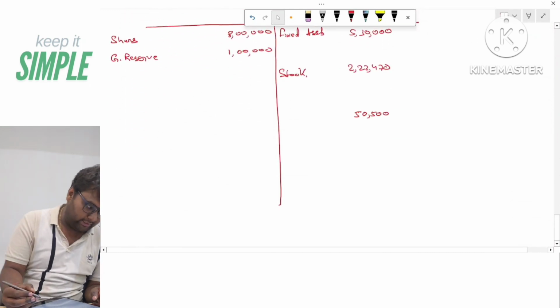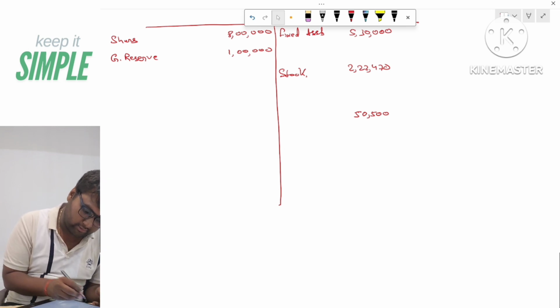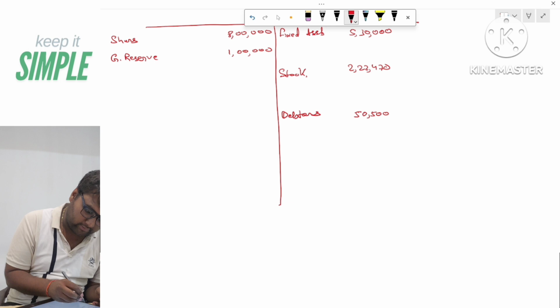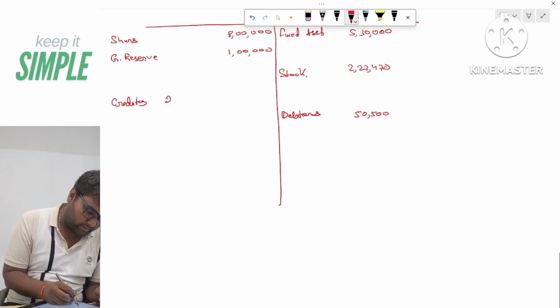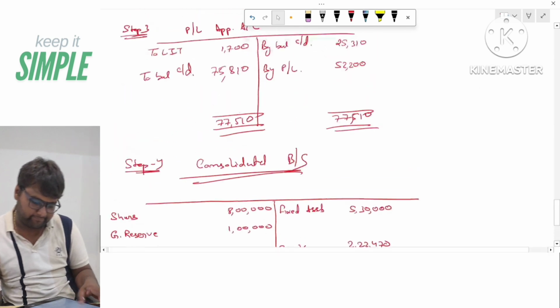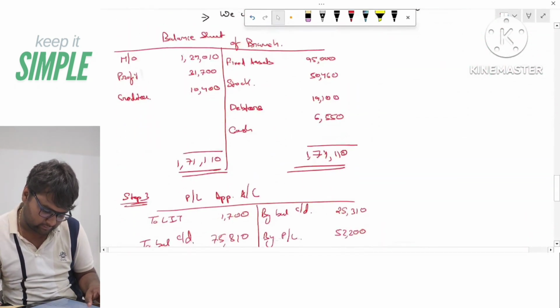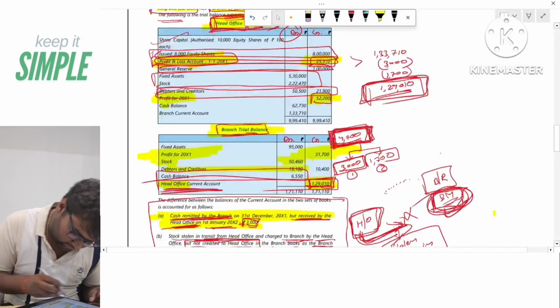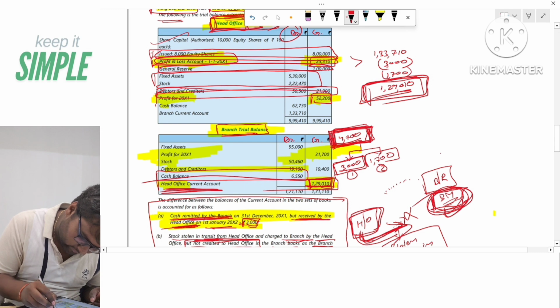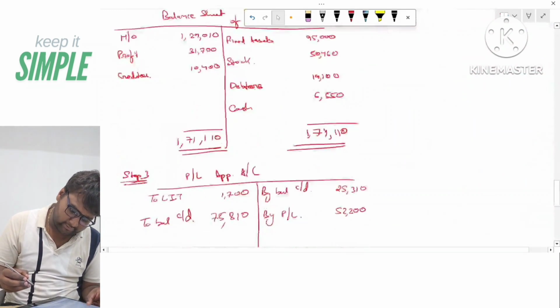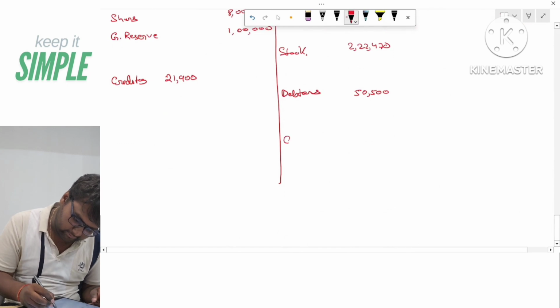Creditors 21,900. Profit we have already taken into consideration. Then cash balance 62,730.